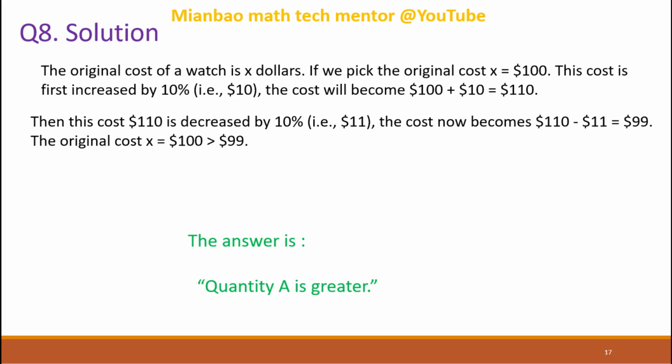This cost is first increased by 10%, that is $10. The cost will become 100 plus 10 equals $110. Then, this cost of $110 is decreased by 10%, that is $11. The cost now becomes 110 minus 11 equals $99. The original cost X, $100, is greater than $99. The answer is quantity A is greater.